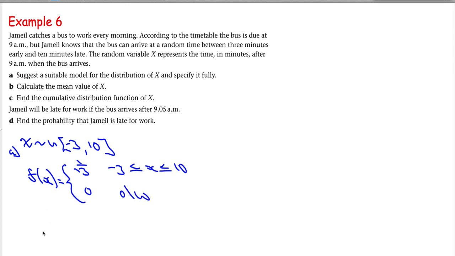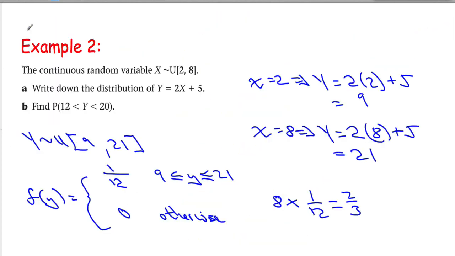Calculate the mean value of x. Well, mu, or the expected value of x, I'm losing the run of myself here, let's just go back and check this.